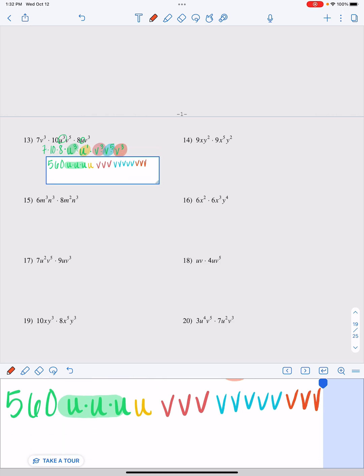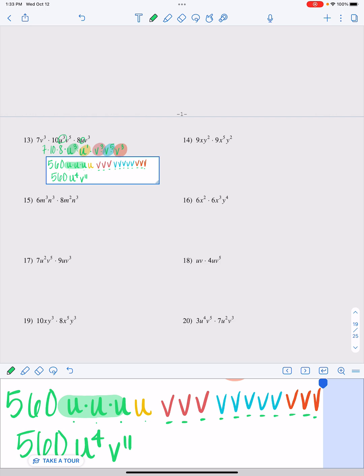So I'm going to go count. I still have 560. I have 1, 2, 3, 4 u's, so that's the same as u to the 4th power. And then I have 1, 2, 3, 4, 5, 6, 7, 8, 9, 10, 11 v's. So that's what we're really doing.